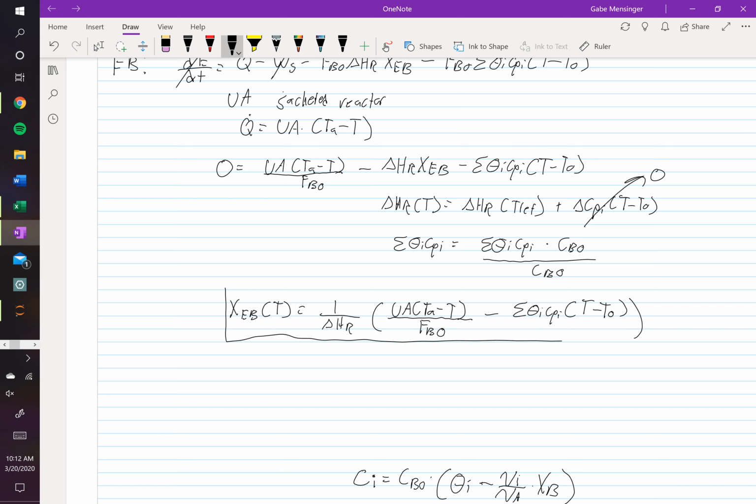And there is our energy balance equation. And if you were to actually carry this out a little bit, you'll see that XEB is linear as a function of T.